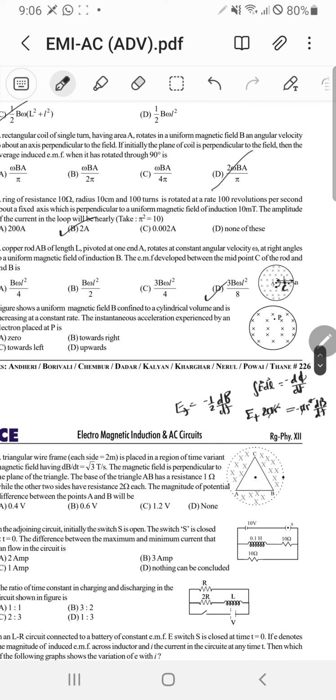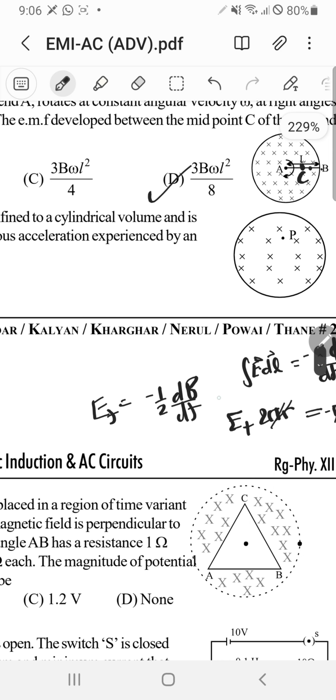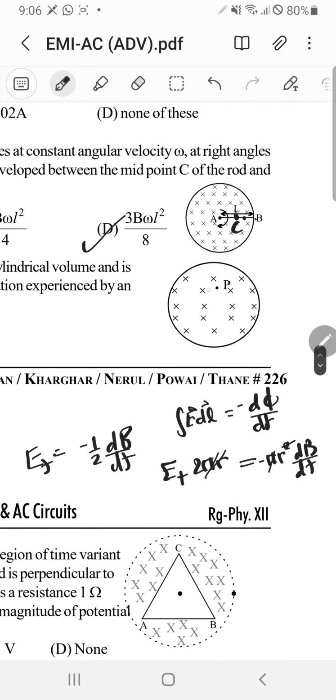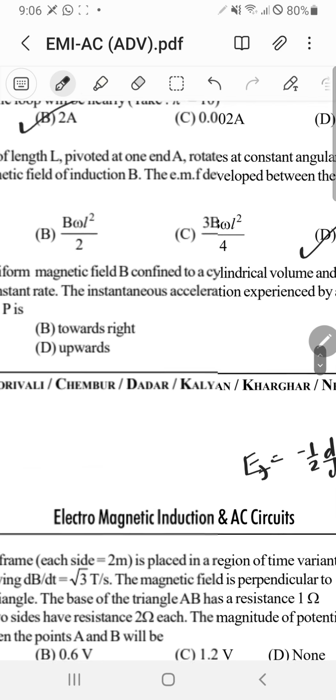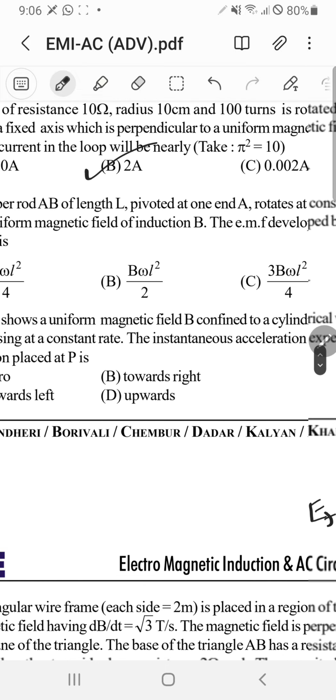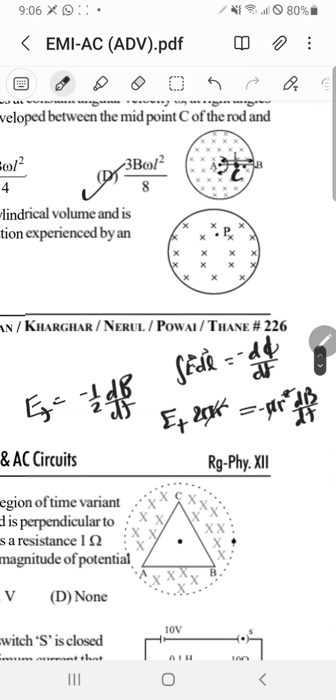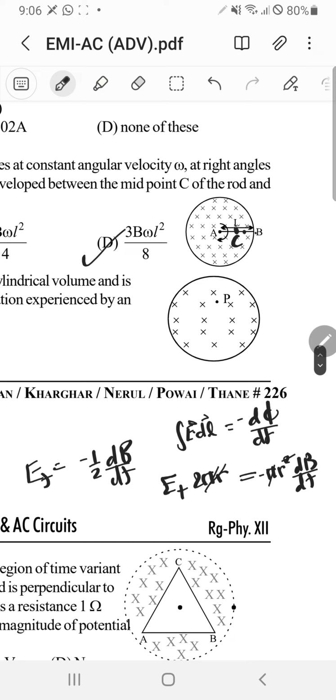Instantaneous acceleration experienced by an electron placed at P. So you got some kind of field over there, right? So the tangential field is like this, and it's changing, it's increasing, right? It's increasing at a constant rate. So if it's increasing, and this thing is positive, and we know in what direction, sure.